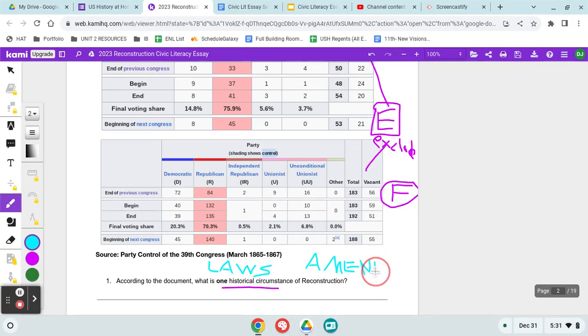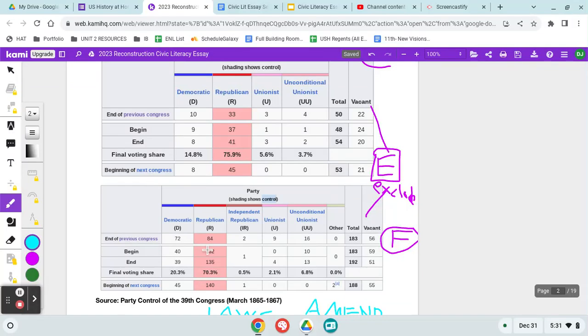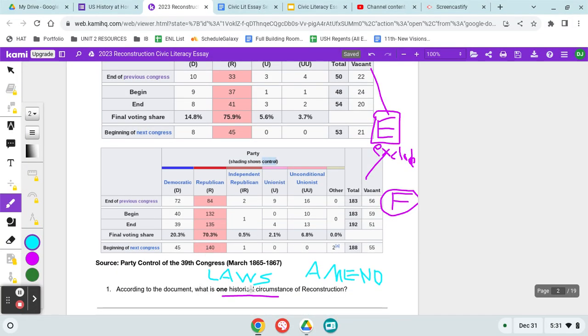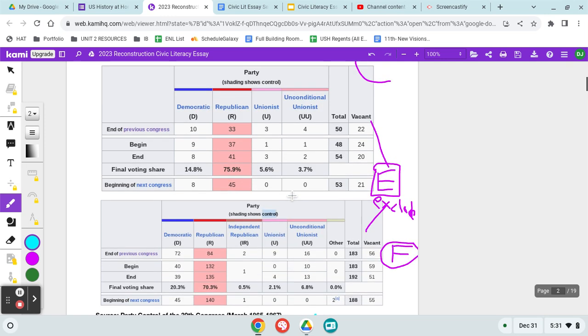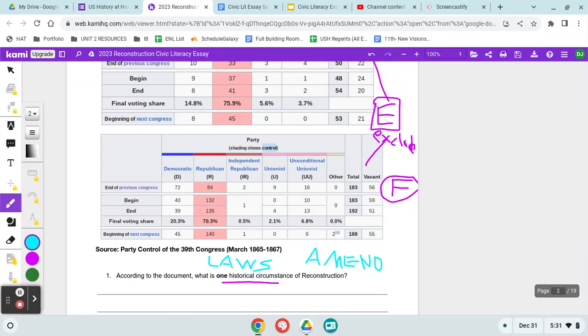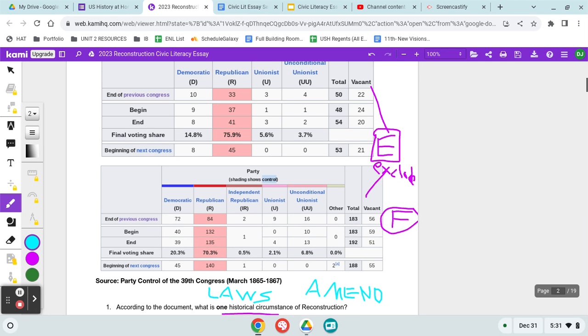But what I can do, by using outside information, is determine that this Republican control of Congress helps them write laws that they want. It also allows them to propose amendments to the Constitution without involving any other political group. And I believe, I know, that they can also override vetoes with this kind of congressional representation.